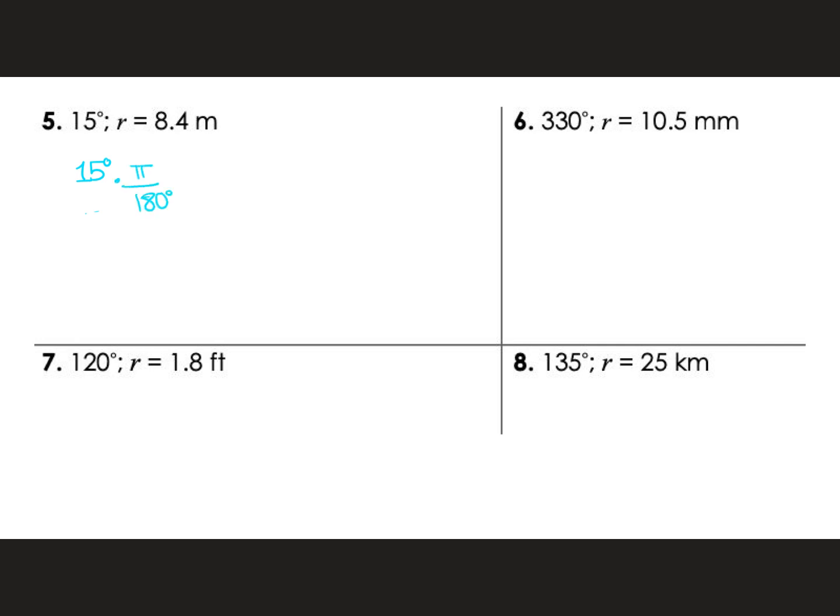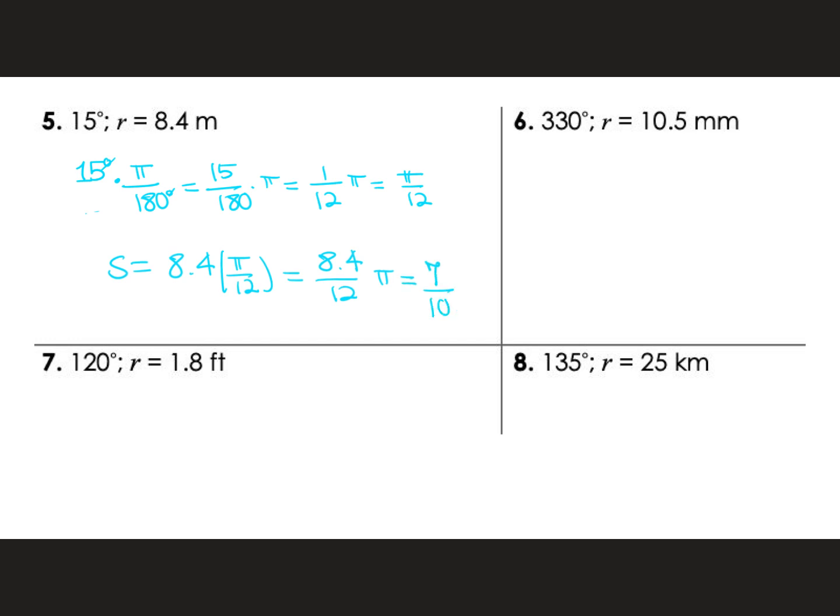Essentially the degrees cancel, so you do 15 over 180 times pi, which is 1 over 12 times pi, so pi over 12. Then we can find the arc length. It's 8.4 times pi over 12, so 8.4 over 12 times pi. I put it in the calculator, and I get 7 over 10 pi.